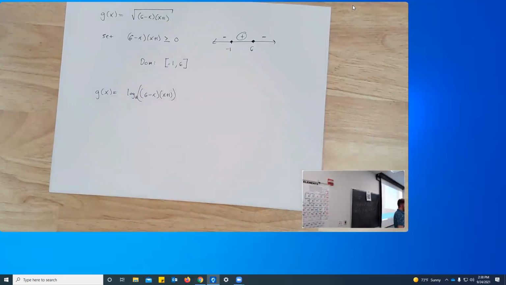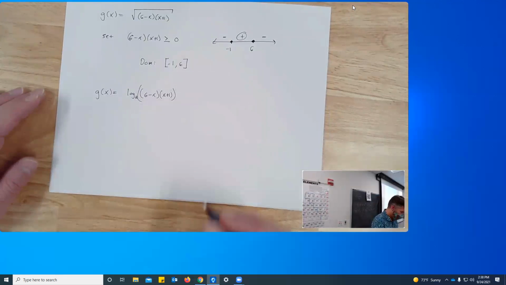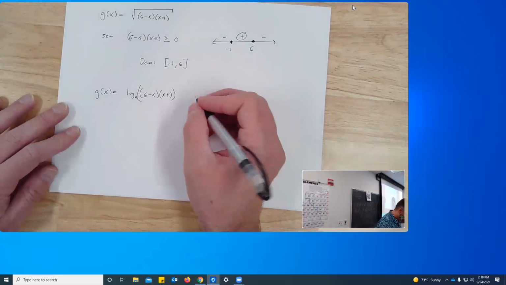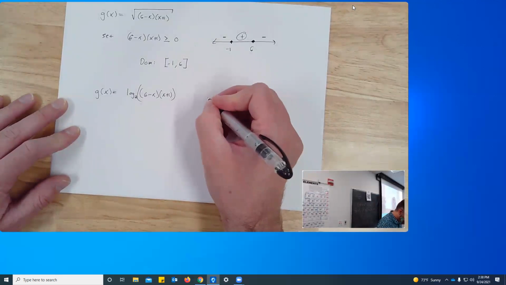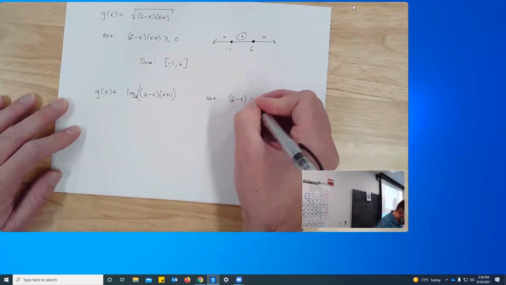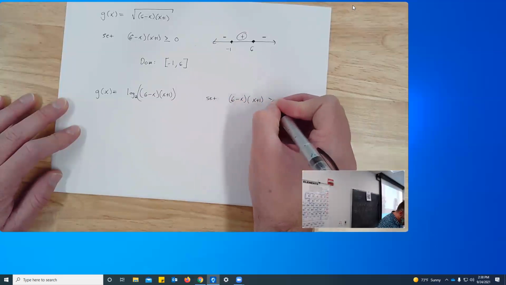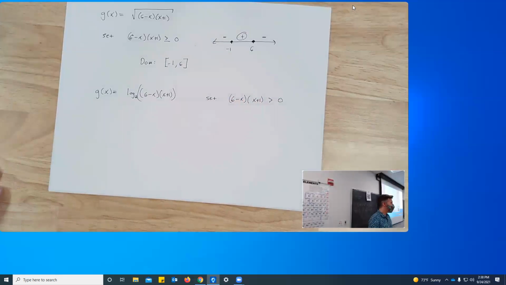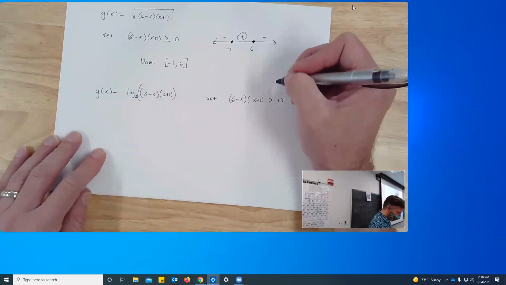You cannot take the log of 0 or a negative number. I can talk about why if you want, but right here the domain is going to be setting all of the arguments, or the inside of the logarithm, to be strictly greater than 0. We've already done the work for that, right? It's literally right up there.